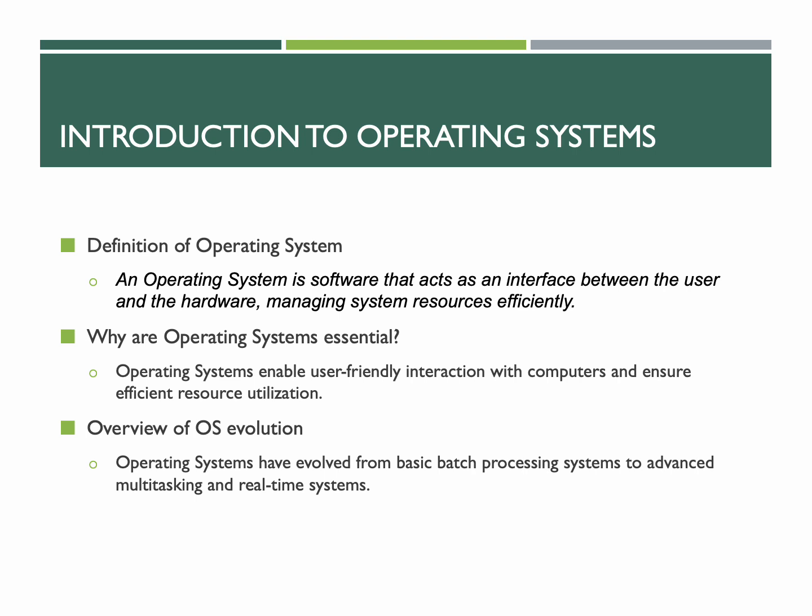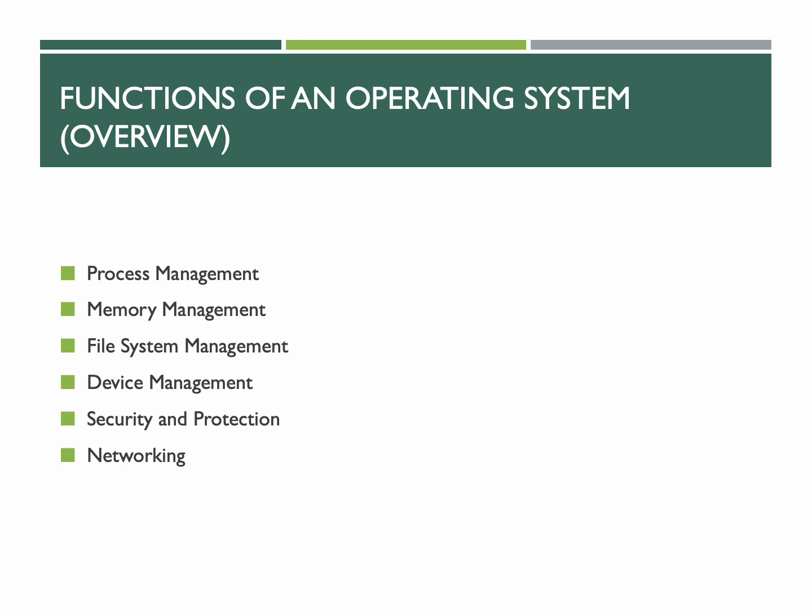These are the basic functions of an operating system. First is process management. We will go through all these functions step by step in detail, but now I'm just going through them simply.